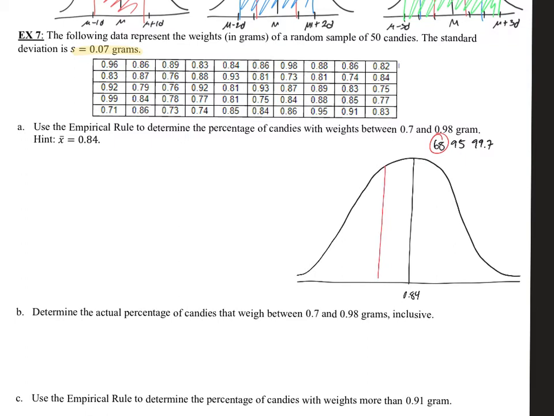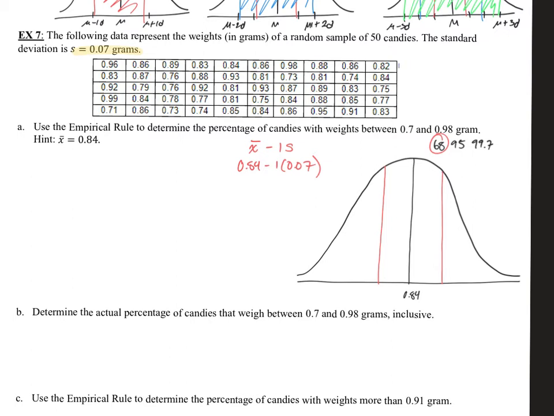Normally it's mu minus 1 sigma, but remember these are for population, and we're using sample. So instead of mu, we're going to use x bar minus 1 times the standard deviation, which is s. So that'll be 0.84 minus 1 times 0.07. Let's calculate that out.